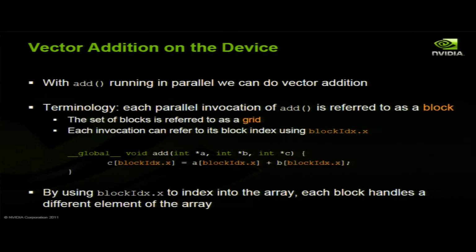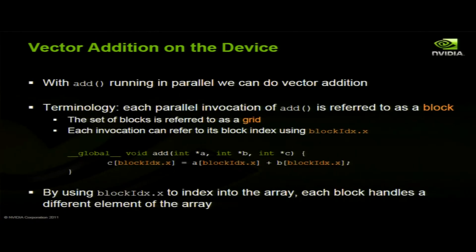Every block will get its own index. How do you define that index? It's blockIdx. Idx stands for index. blockIdx.x. So, block 0 will have an index of 0. Block 1 will have an index of 1. Why is it dot x? Any guesses? In CUDA, you can launch threads in 1 dimension, 2 dimensions and 3 dimensions.